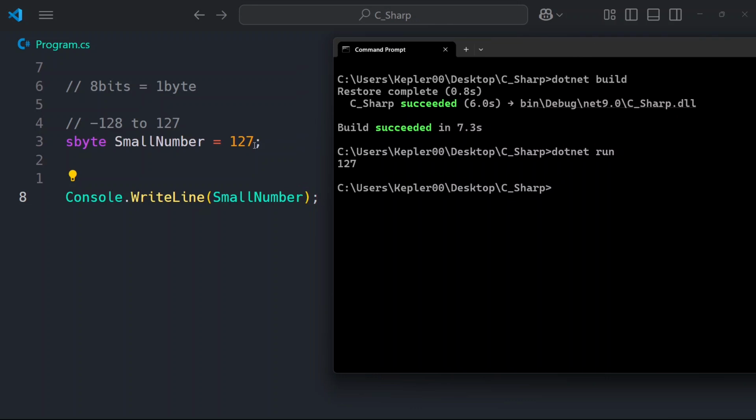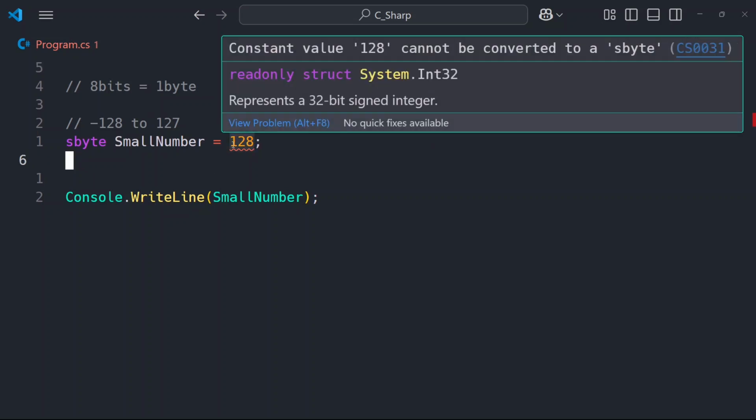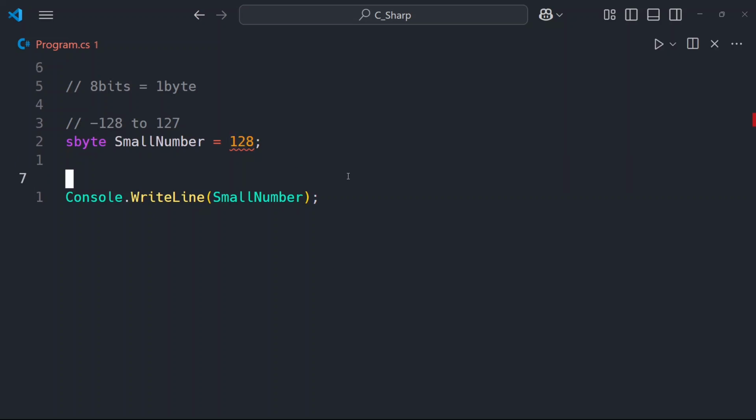If we put 128, for example, you see it immediately tells us, let's hover over it: the constant value 128 cannot be converted to an sbyte because this is above 127.